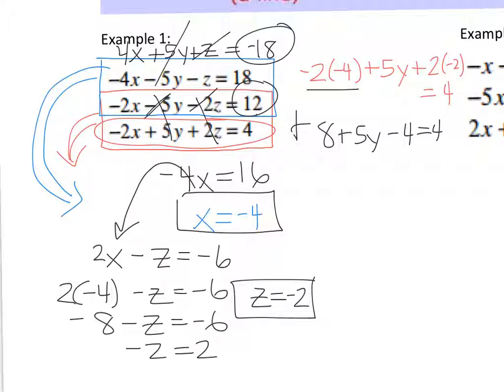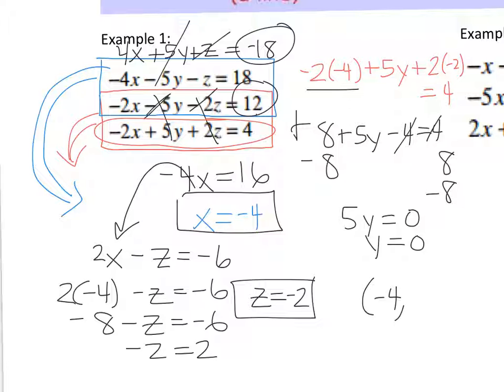If I add 4, I'll have 8 on both sides, so I can subtract 8. So 5y equals 0, y equals 0. I want to write my ordered pair as x is negative 4, y is 0, and z is negative 2. So go x, y, z.